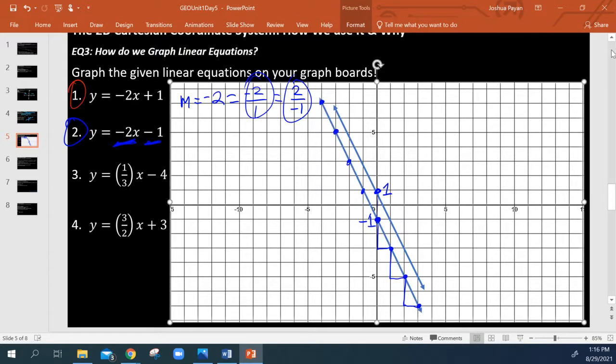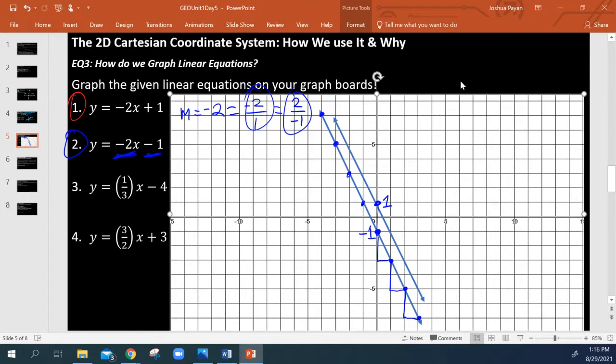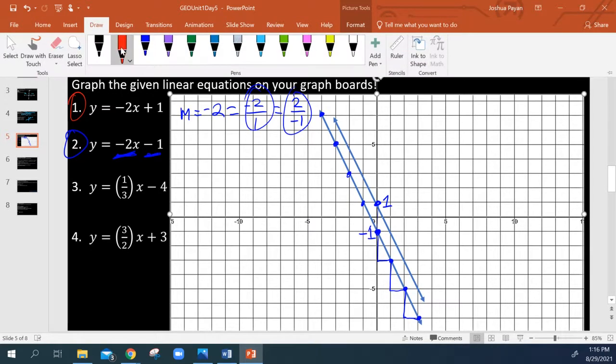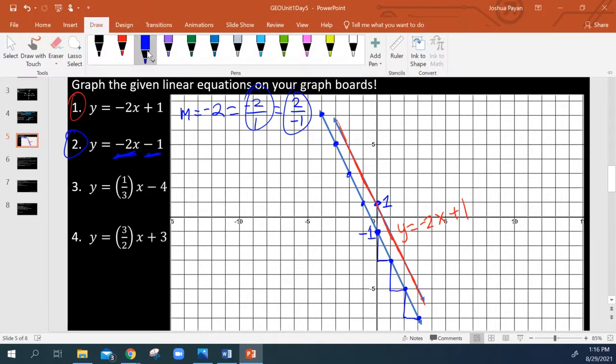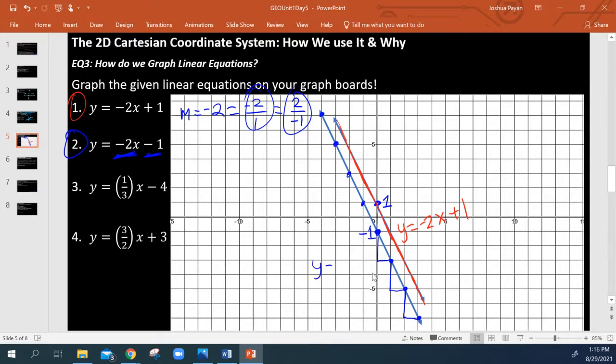Okay, and you're going to notice something here. These two equations, so in red, I'm going to call this guy the y equals negative 2x plus 1. And in blue, I'm going to call this guy y equals negative 2x minus 1.